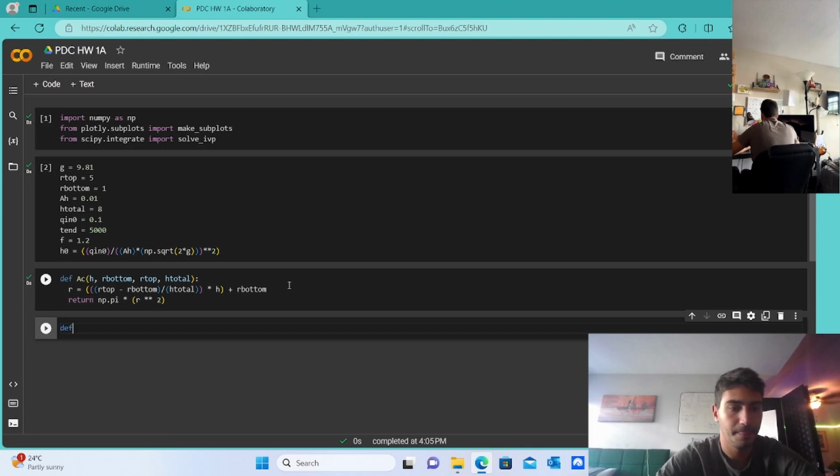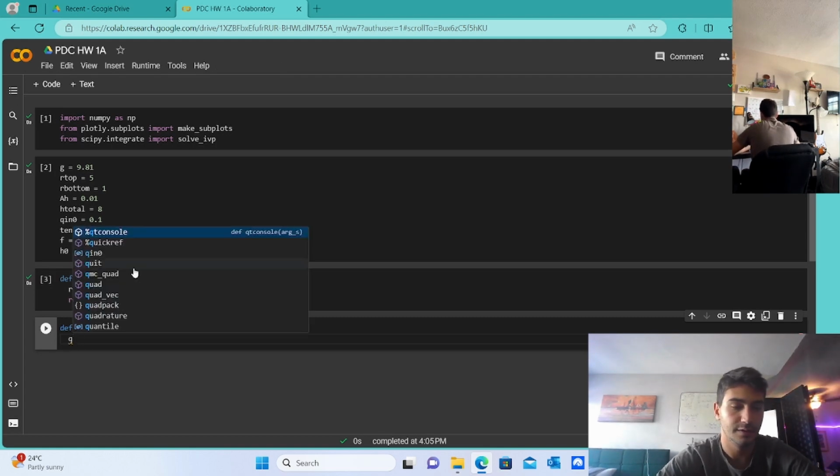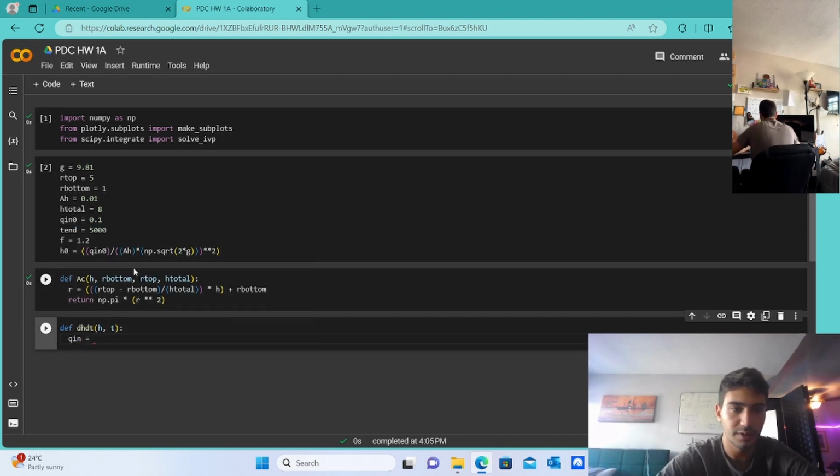Now that we have our value for AC, we can go ahead and define the function for dh dt. So I'm going to just go ahead and call it dh dt. Then this is only taking in the values of the height and time, right? So I'm going to put h and t. And of course, this is where I'm going to put in the value for f, as we're going to have a 20% increase in the feed. So the new qn is going to be qn naught multiplied by f, right?